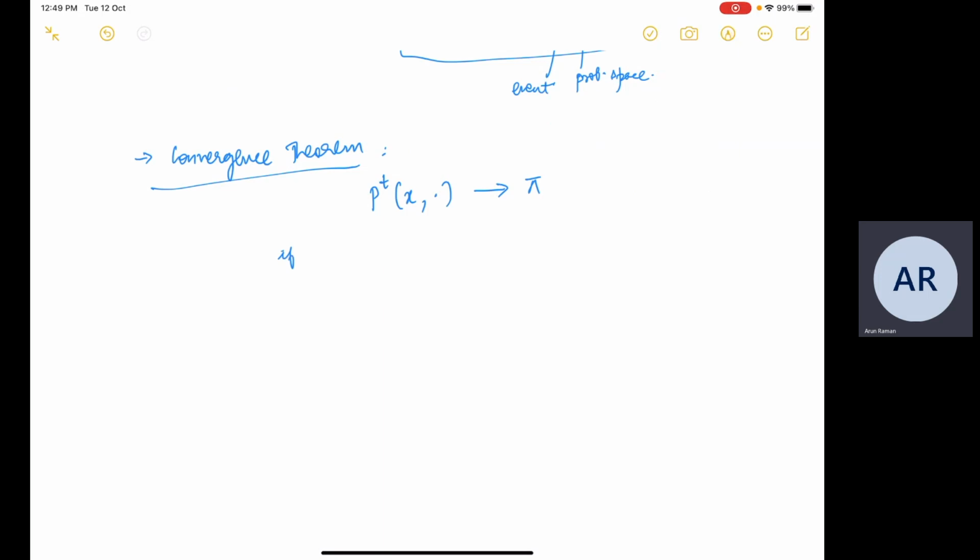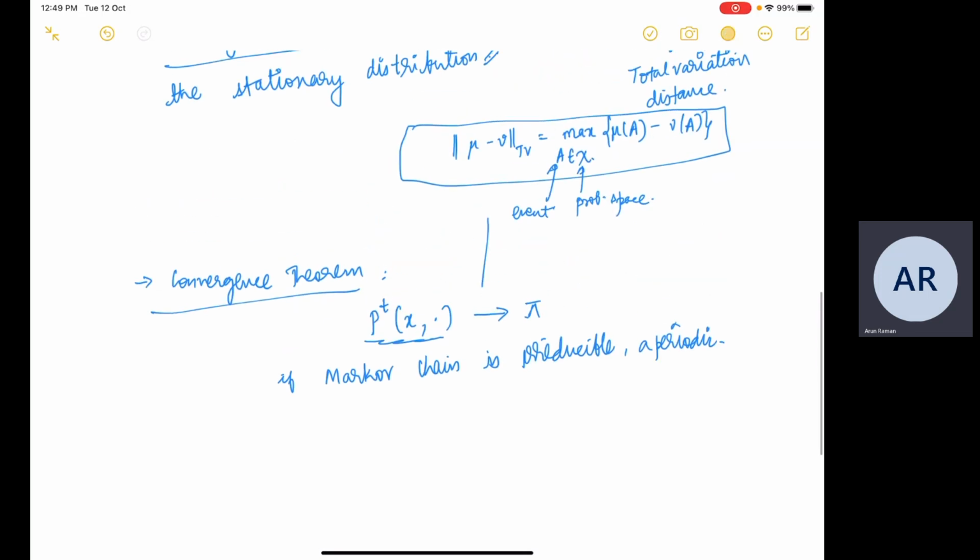What this means is that the rows of the T-step transition probability matrix look like the stationary distribution, if the Markov chain is irreducible and aperiodic. So when we say that this converges, it converges.